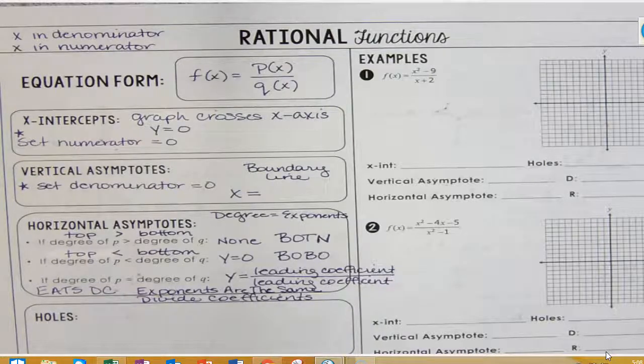So when the exponents are the same, you divide the coefficients. Is BOBO Bottom going to eat DC? Well, hopefully our friends Hoy and Bucks are going to come save the day and help us out with that. That's how you figure those things out.